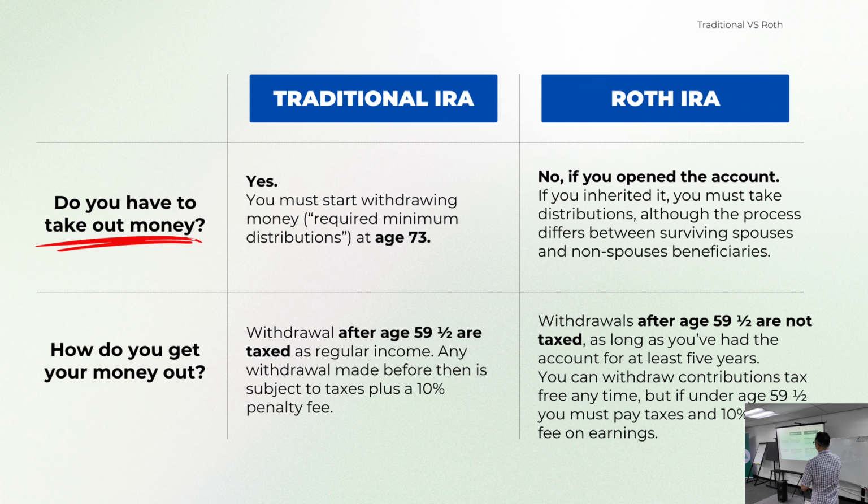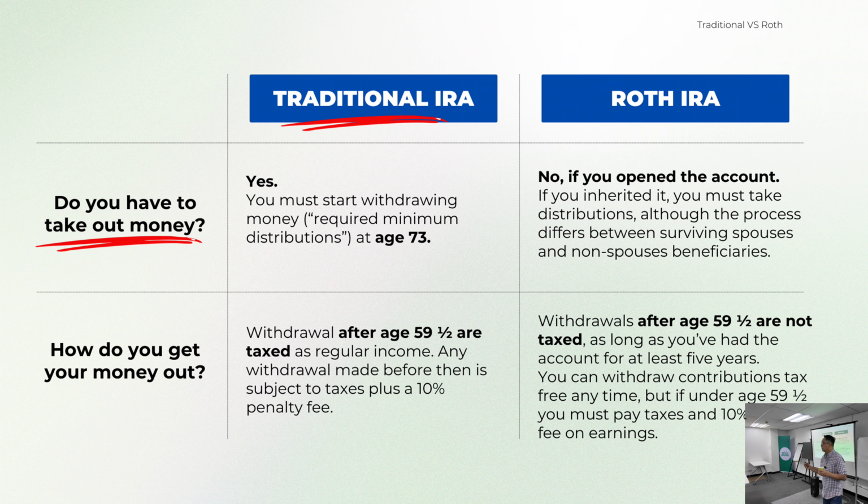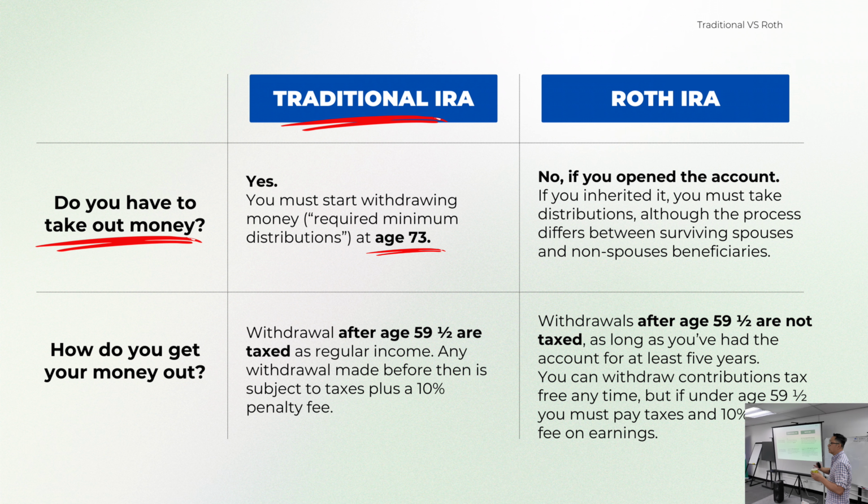And then, do you have to take out the money? With traditional IRAs, there's something called a required minimum distribution. Once you reach the age of 73, the IRS makes you start taking this money out slowly, okay? They don't want you to just keep on saving it forever and then pass it on to your kids. They want you to start taking this money out at least slowly.